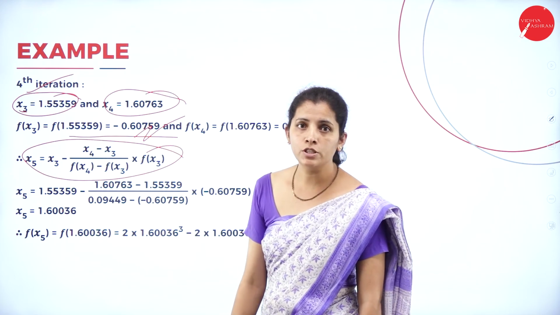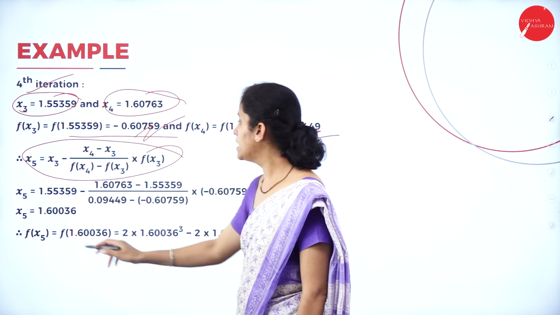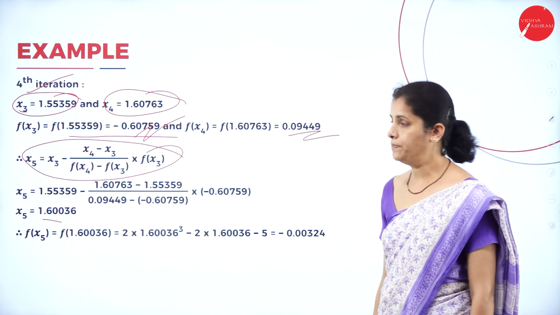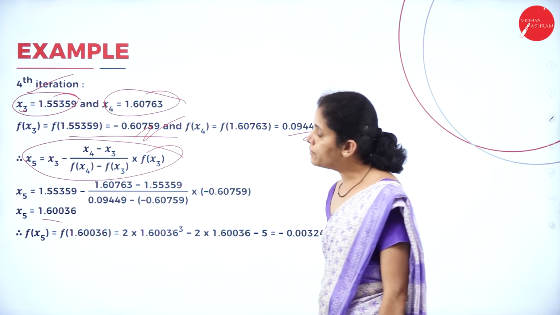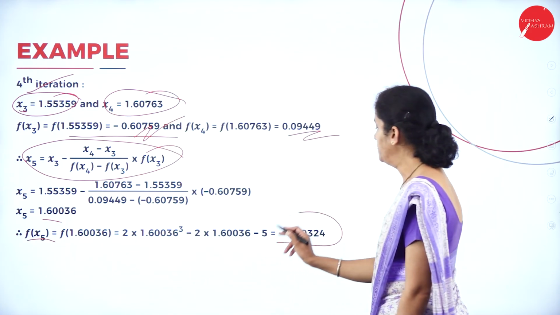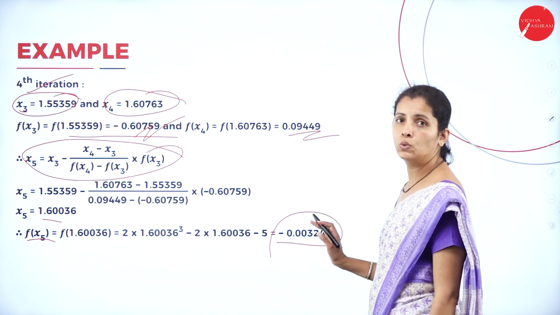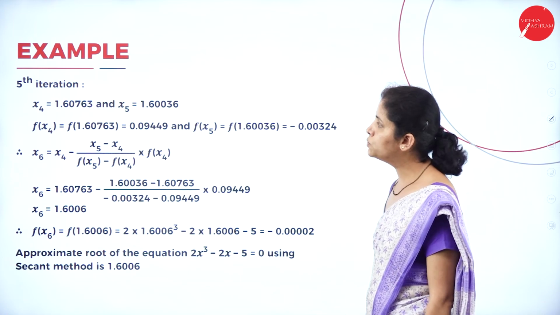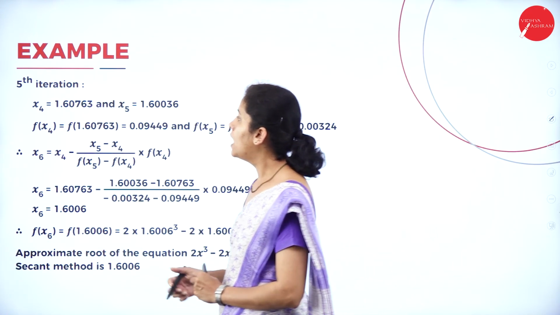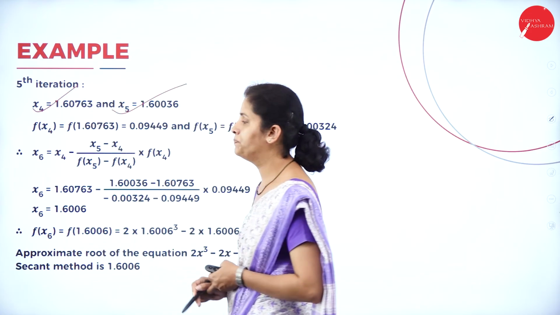And after substituting these values in this formula, I'm going to get the answer 1.60037. Okay, and after finding f of x5, I'm going to get the answer minus 0.00324.